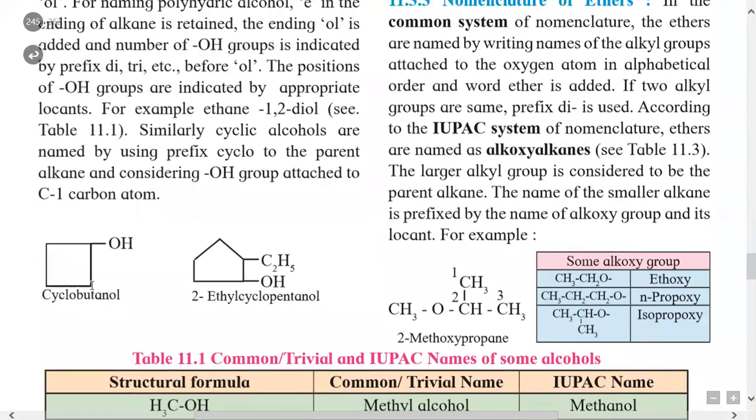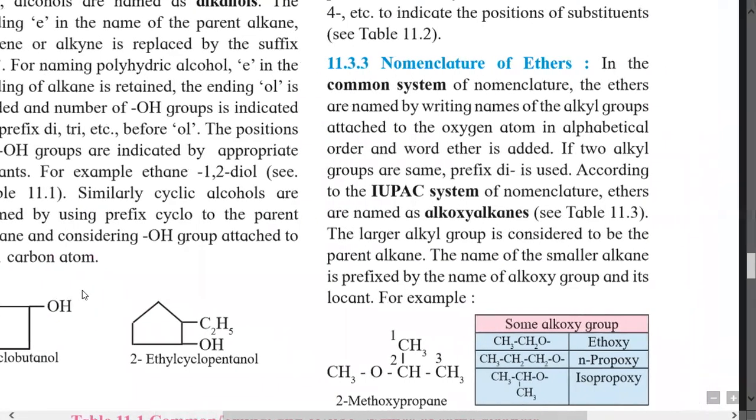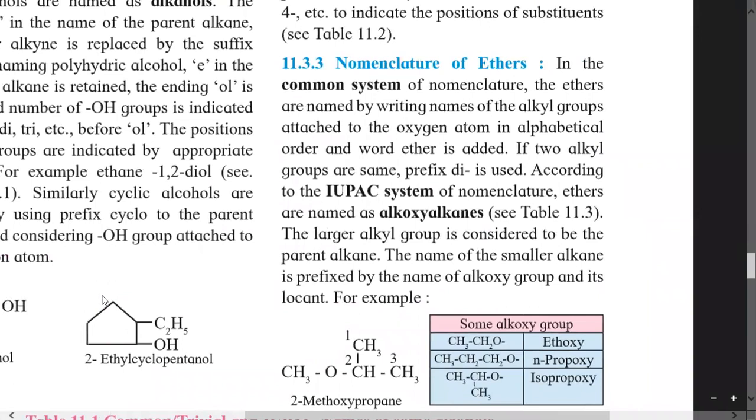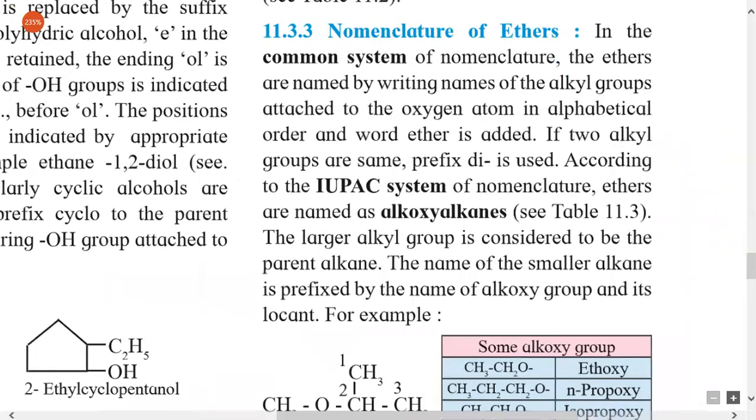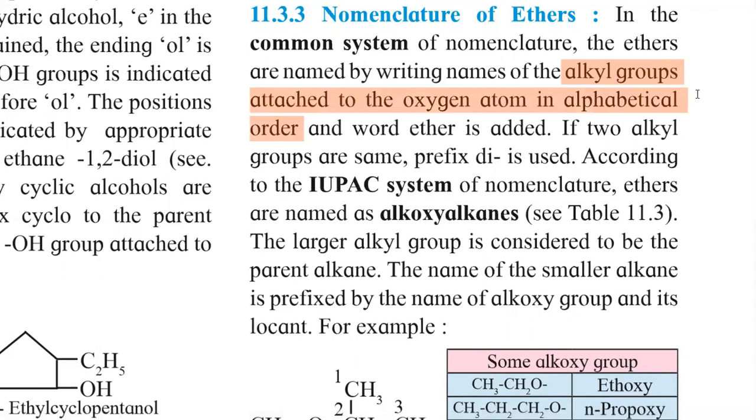Now we will study nomenclature of ethers, that is, how names of ethers are given. In the nomenclature of ether, first we will study common names. These common names are given by writing the names of the alkyl groups attached to the oxygen atom in alphabetical order, and then the word ether is added.